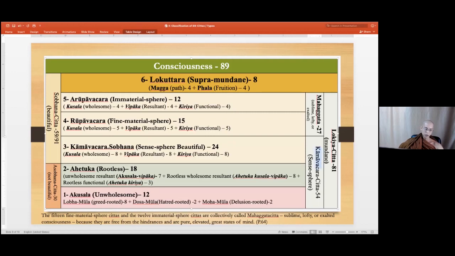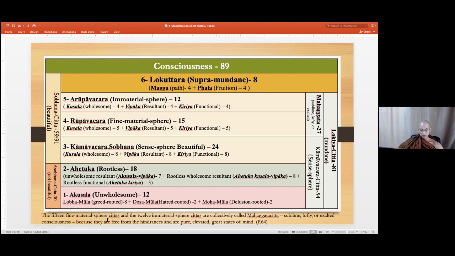Here Kamavacara, the Kama realms, Rupavacara according to the Rupa realms, Arupavacara according to the Arupa realms. Lokuttara is out of the plane of existence, because Lokuttara itself goes beyond the world, beyond the plane of existence. In this way, we can understand the classification of the 89 types of consciousness.